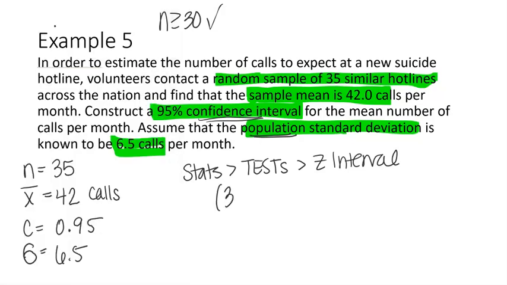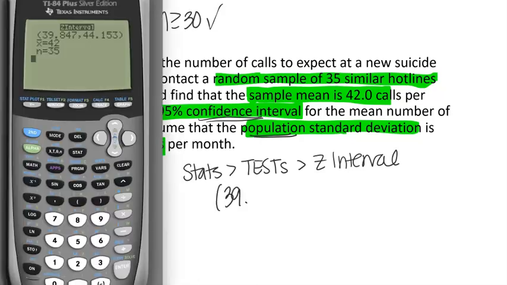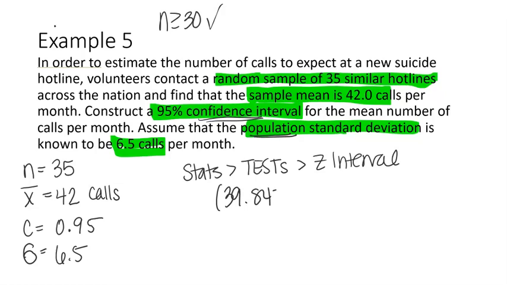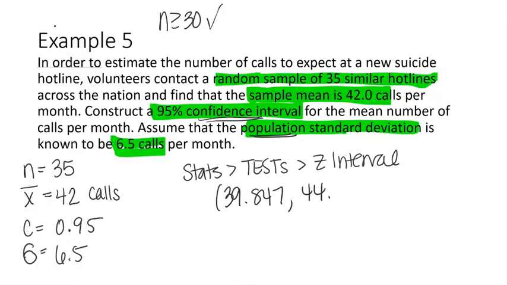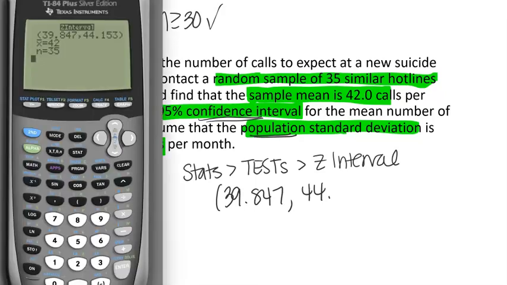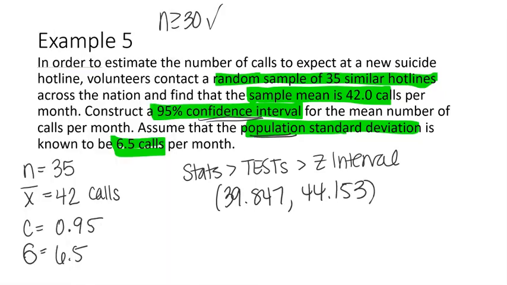On the left, I have 39.845. On the right, 44.153. So what they're doing, they used 42 in the middle.